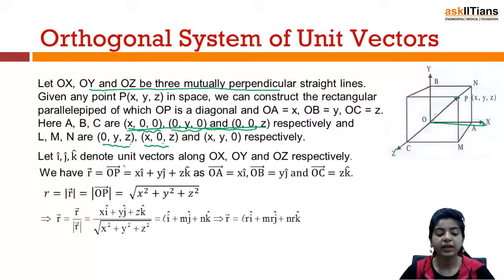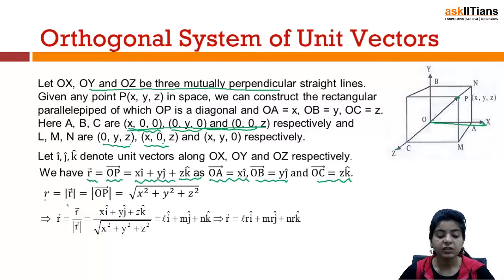Now i cap, j cap, k cap denote unit vectors along OX, OY, OZ. Then we have the vector r, that is vector OP, as x i cap plus y j cap plus z k cap. We have already discussed that OA is x i cap, OB is y j cap and OC is z k cap, and therefore you get the vector r as the sum of these three vectors.